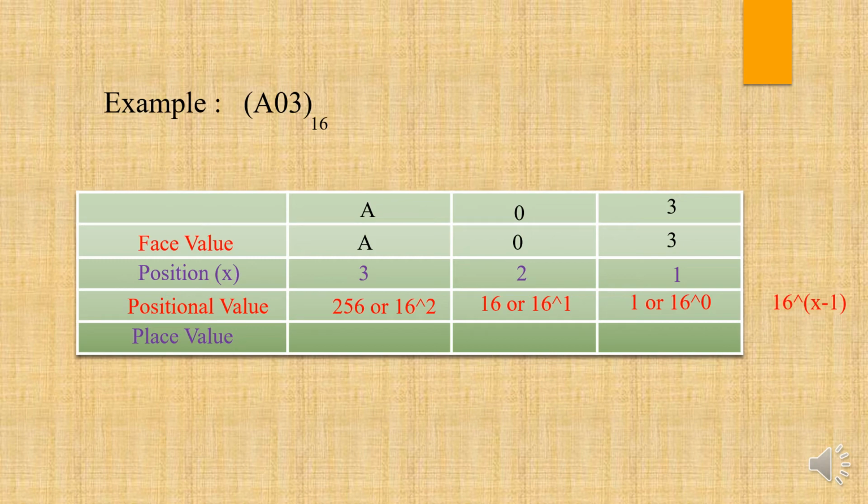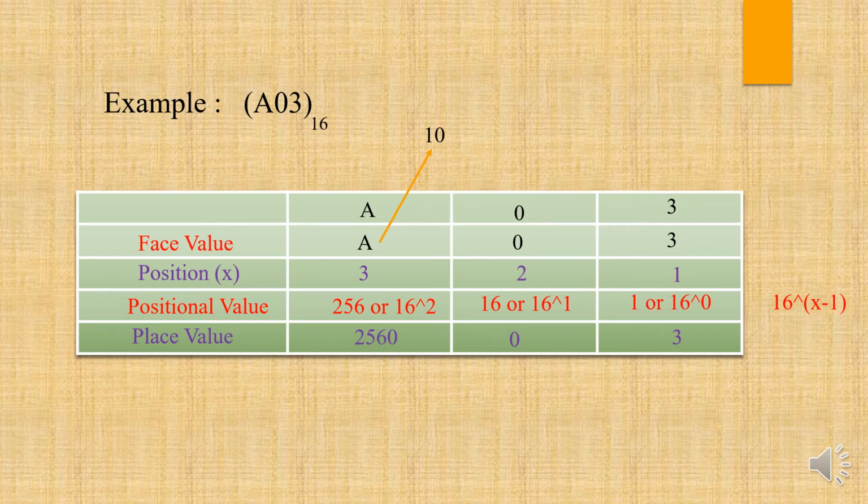So for 3, meaning for the first digit, it would be 3 into 1, which is 3, and for the second digit the face value is 0, so it would be 0, and for the third digit, A, which represents the value 10 here, 10 would be multiplied with 256, so here it would be 2560, right?